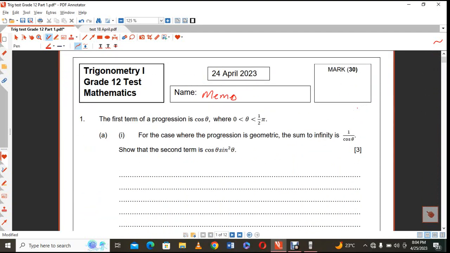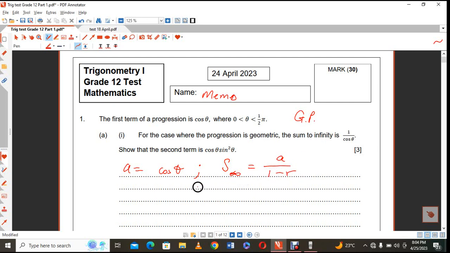So it says that the progression is a geometric progression. So we know that our first term is cos theta. We are also given the sum to infinity. Remember the formula for sum to infinity is a over 1 minus r.